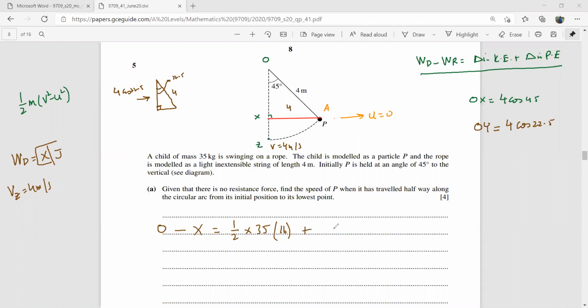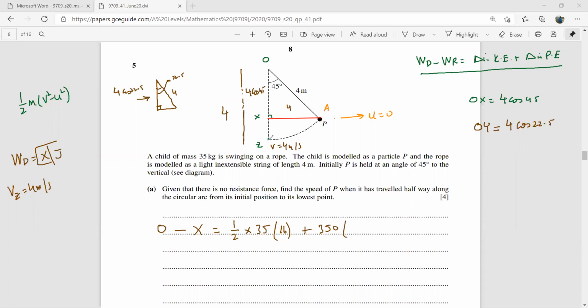Plus mgh. So this is going to be 35 into 10, that is going to be 350. And now the height lost this time is going to be, all of this is 4 up to here, and we already know that this length is 4 cos 45.